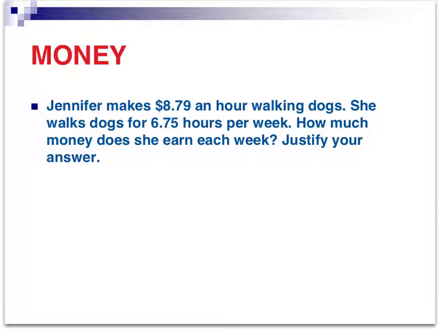And then we also need to know how much she gets paid per hour, $8.79. So I need to multiply those two together to get my answer. So I will take 8.79 times 6.75.